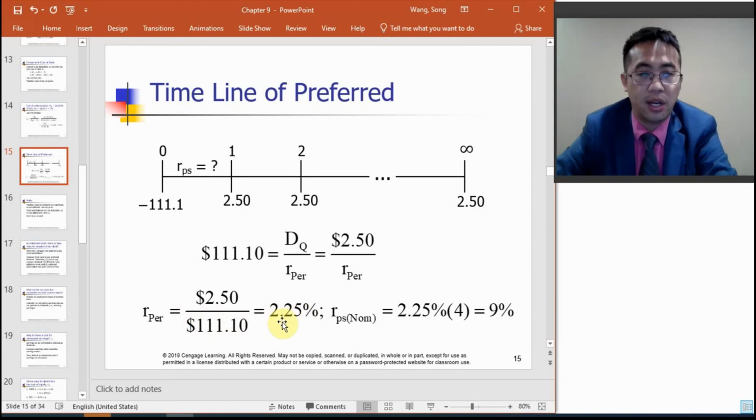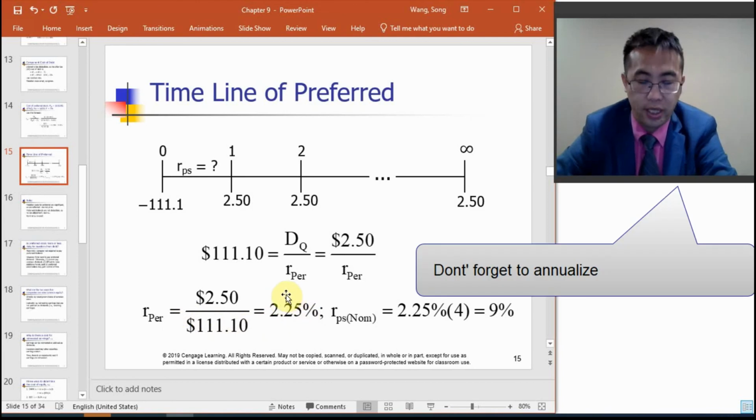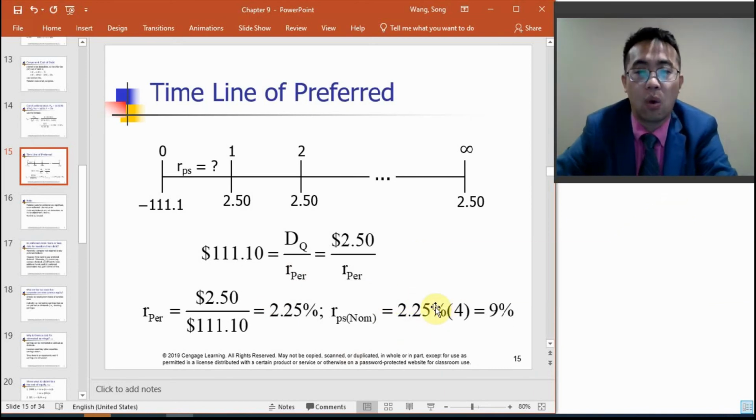What you get here is a quarterly rate. And the cost of preferred stock, the cost of capital, is measured in annual terms. So once you get the quarterly rate, you need to annualize it. You multiply the quarterly rate by 4 to get the annual rate.